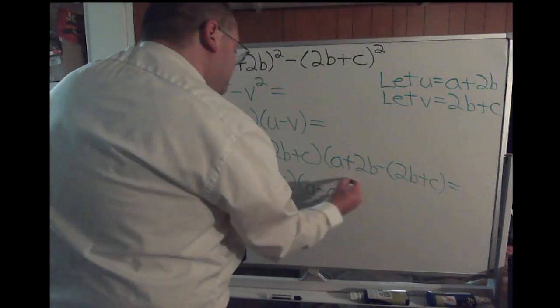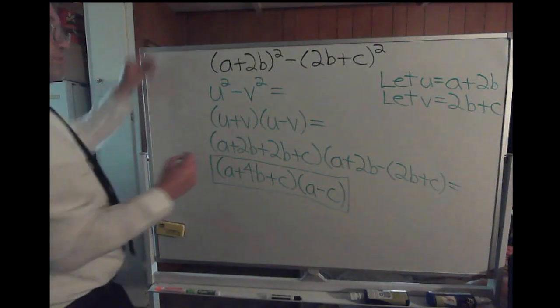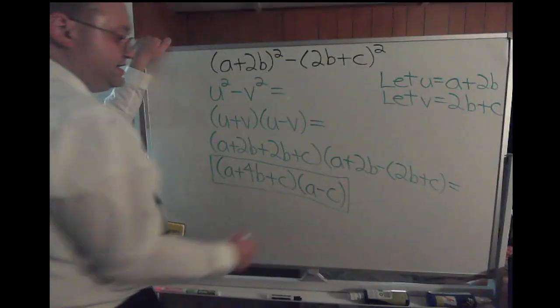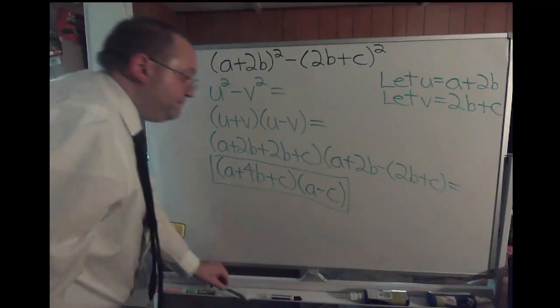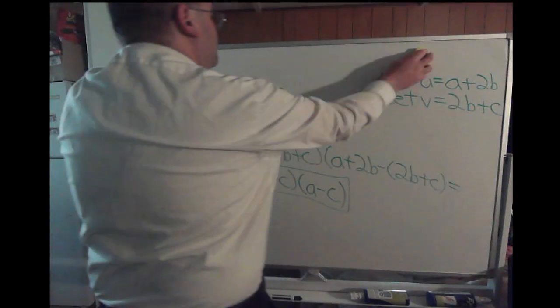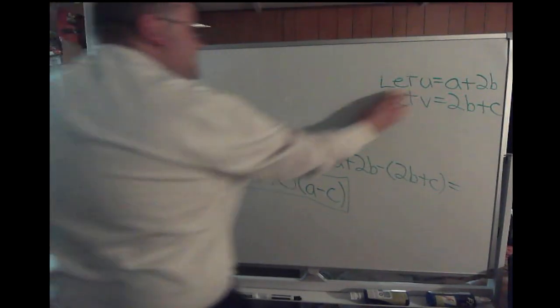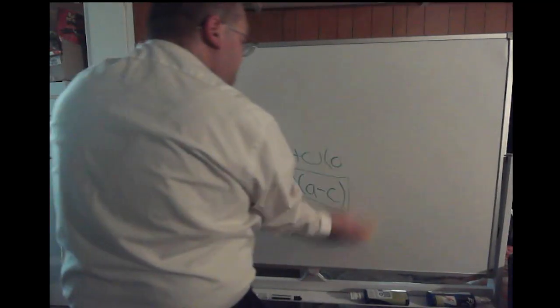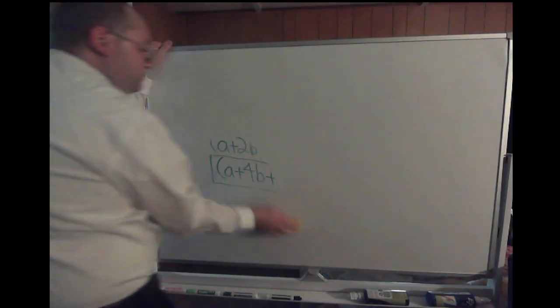So the factors of this expression would be the quantity of a plus 4b plus c times the quantity of a minus c. So yes, use a couple substitutions if you need to. That's what I would suggest doing.